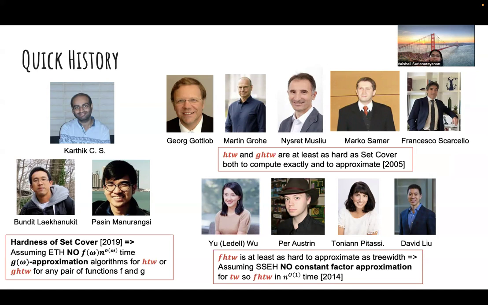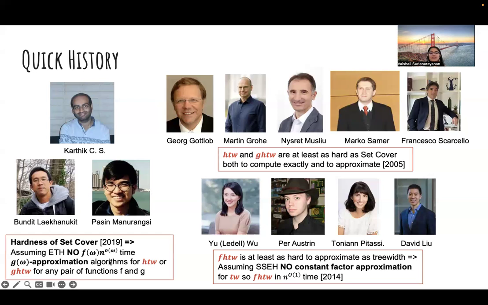for hypertree width and generalized hypertree width, they're at least as hard as set cover, both to compute exactly and approximately. And because of that, we have a pretty strong hardness of approximation. So basically, assuming hardness of set cover from the 2019 result for set cover, assuming ETH, there's no f of omega n to the little o of omega time FPT approximation for hypertree width and generalized hypertree width.